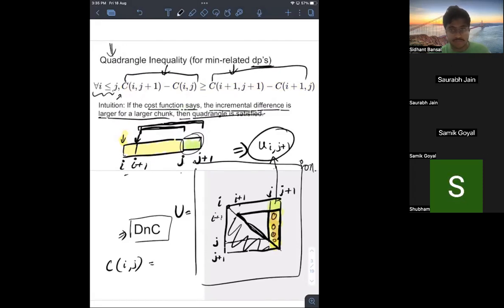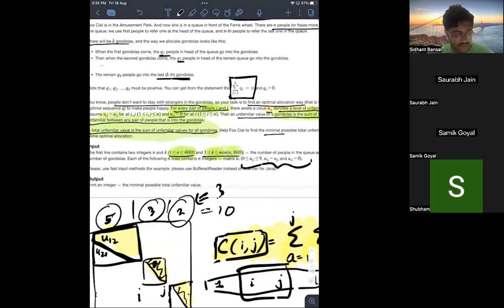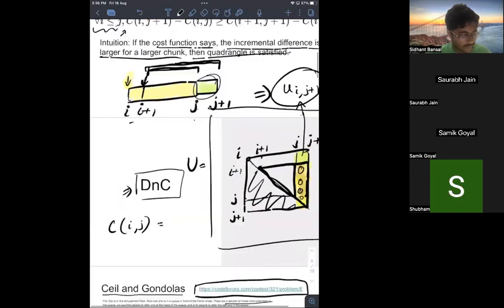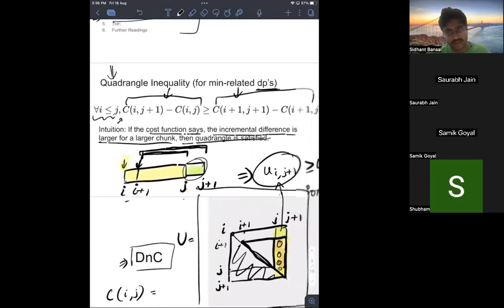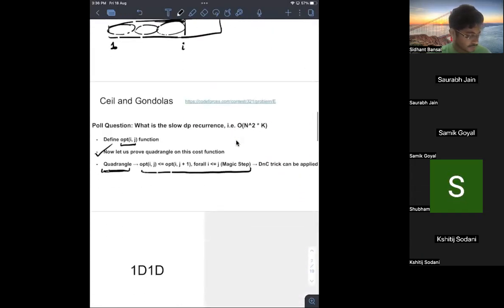That's why the left-hand side has to be greater than or equal, because this particular value U[i][j+1] is greater than or equal to 0. There are no negative values in this matrix. That's a constraint given in the question. You are given that all the values are non-negative. So it can be 0, but you only want greater or equal; you don't want strictness. So we can see that the quadrangle inequality is satisfied. You can even work out the algebra if you were not convinced by the pictorial representation. Okay, so we have the quadrangle inequality satisfied.